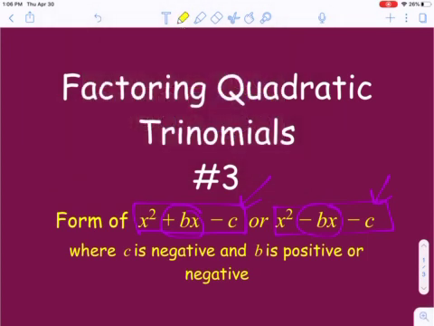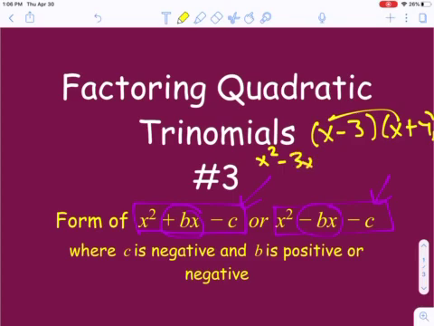All right, so I want to show you an example of what would cause that. So we're going to do it backwards as if we already factored it. Supposing I have x minus 3 and x plus 4, all right? So when I expand this, I would get x squared, I would get negative 3x, and then I would get positive 4x, and then negative 3 times 4 gives me negative 12.